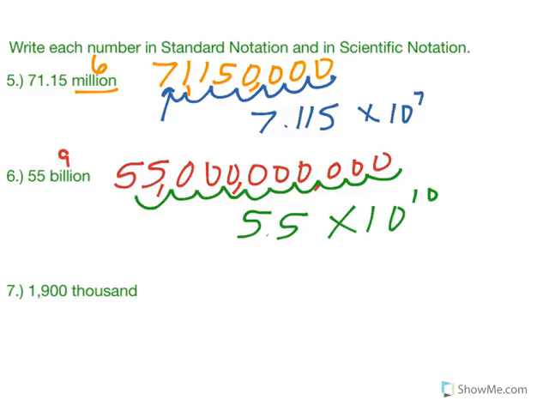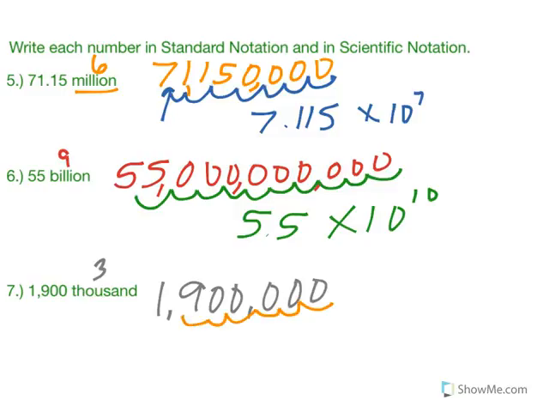In number 7, 1,900,000. Well, 1,000 means 3, so I would add 3 more zeros. And then to move it to scientific, 1, 2, 3, 4, 5, 6, 1.9 times 10 to the 6th. So that'd be the same as 1,900,000, in case you were keeping track.